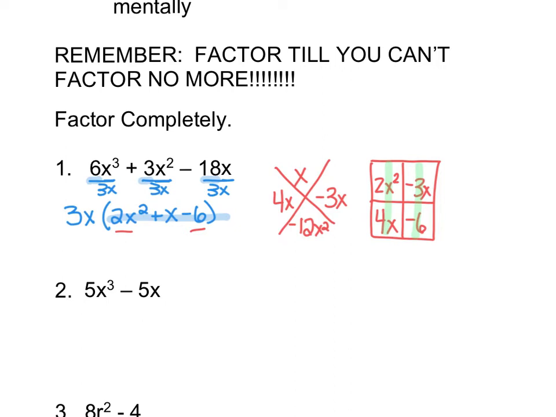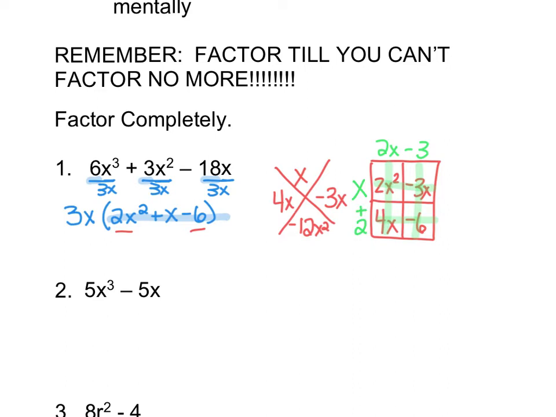So by column factoring, I can pull out a 2x and a negative 3 on the top. Then I'm going to row factor, which looks like I can pull out an x plus 2 on the side.